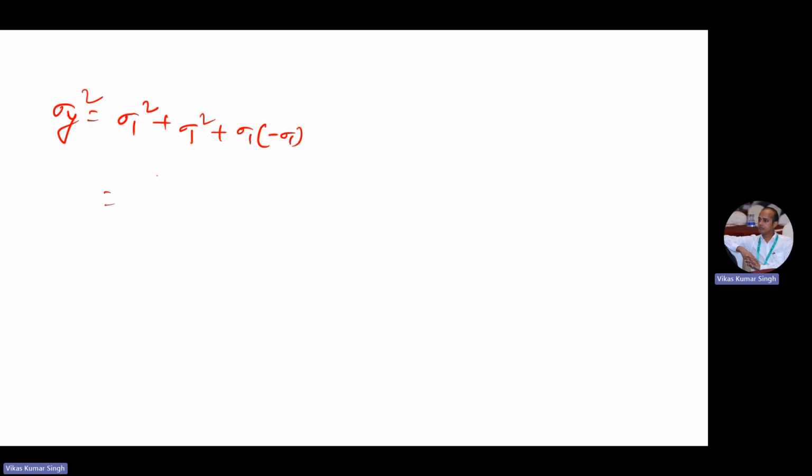This will become sigma 1 root 3. Root 3 sigma 1. This will be the effective stress, and this is nothing but your maximum value. Okay, so this is nothing but tau max, root 3 into tau max, sigma y.